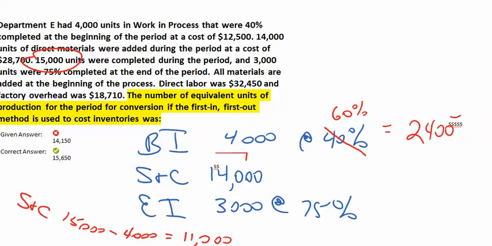So of the units that were completed, 4,000 were beginning inventory, 11,000 were started and completed. So you can look at it that way. You could also do it where I had 14,000 units started, and I have 3,000 units that still remain, 11,000 units. I get the same answer either way. Okay?